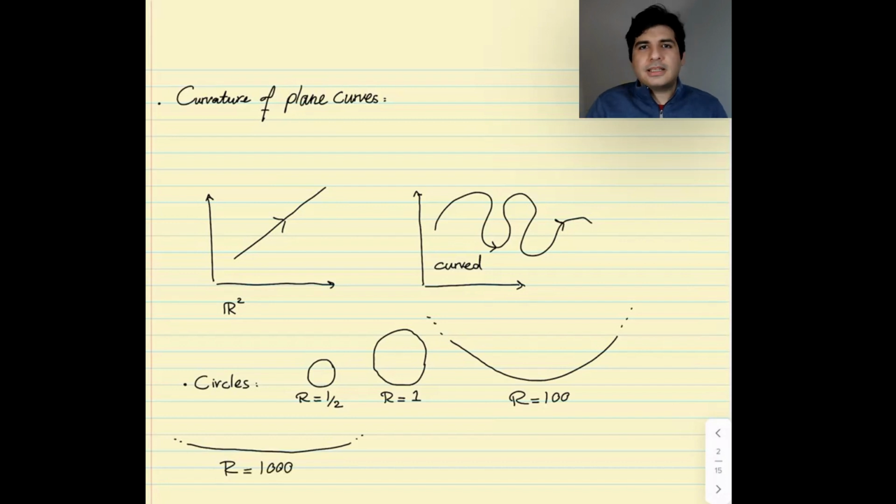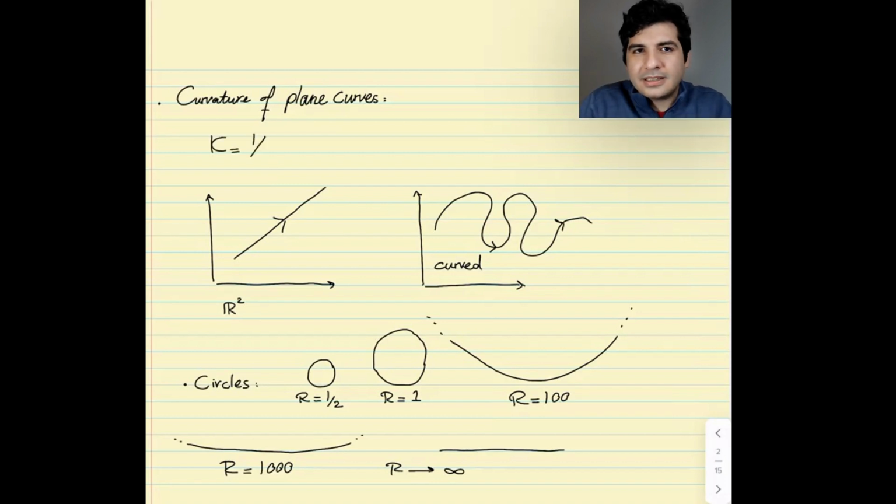And as the radius gets larger and larger, as you can see, a piece of circle is getting closer and closer to being a straight line. So in some sense, when we take the limit, when the radius goes to infinity, we get the straight line, which is straight, flat, not curved. That tells us that when the radius is larger, the curvature should be smaller.